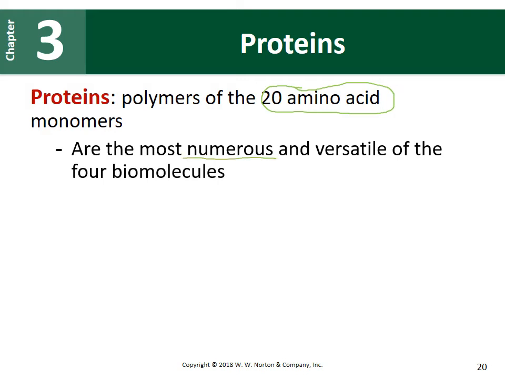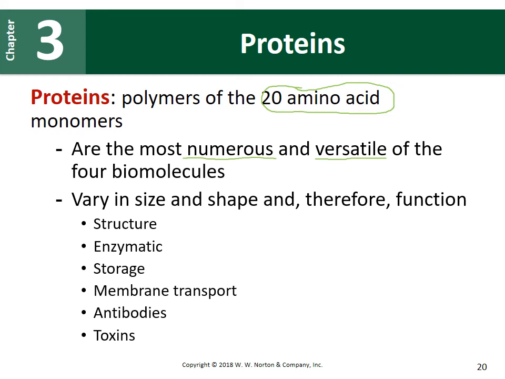They're also the most versatile of our 4 biomolecules. Proteins can be hundreds of amino acids long or thousands of amino acids long, and they will fold up into really neat 3D shapes. And that shape and size of the proteins influence what that protein does, or their function.